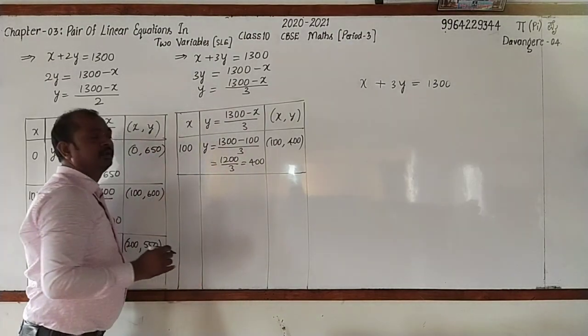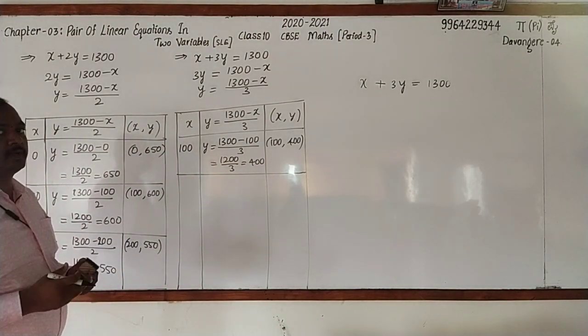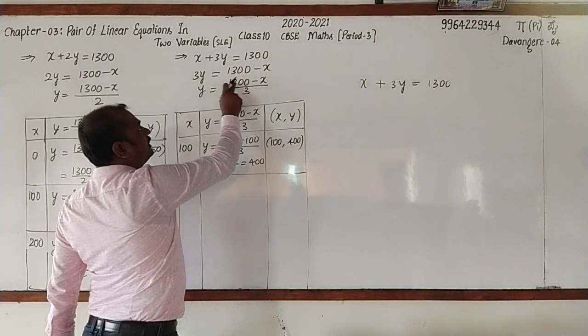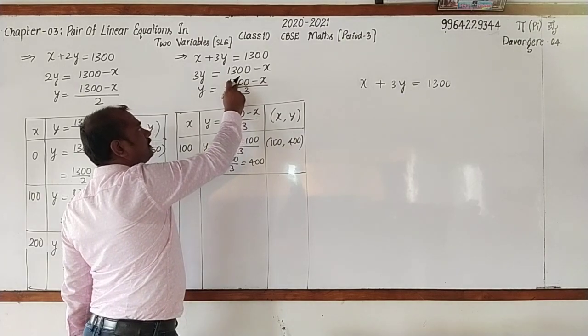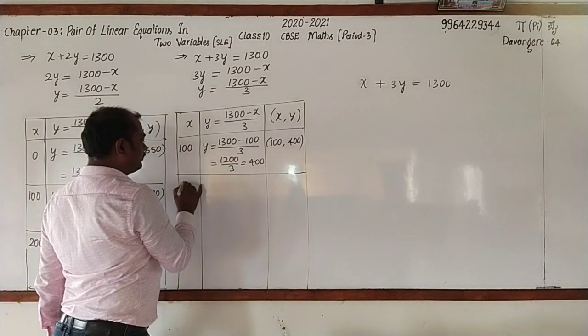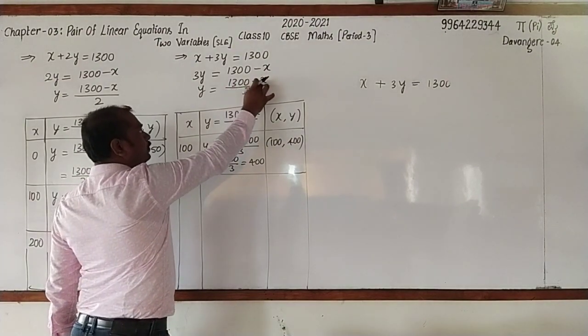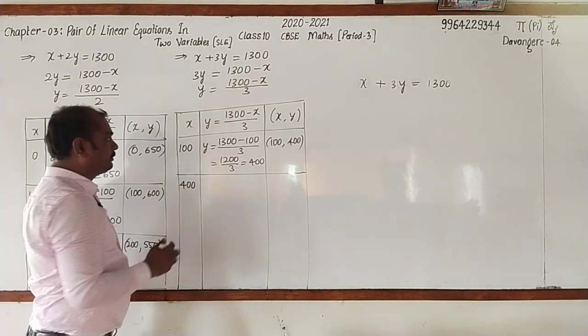Next, can we go for taking 200? Not possible, right? Because it will be 1100, which is not divisible by 3. Then 300, it is 1000, not divisible by 3. Then can we go for 400? Yes, 400. 1300 minus 400 is 900, which is divisible by 3.